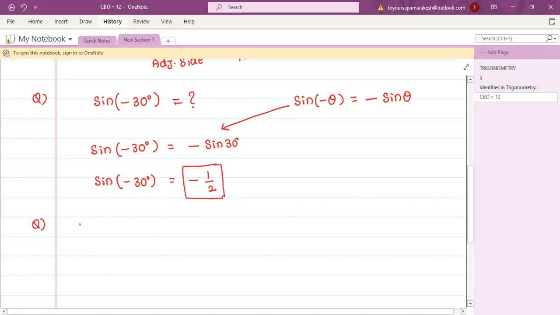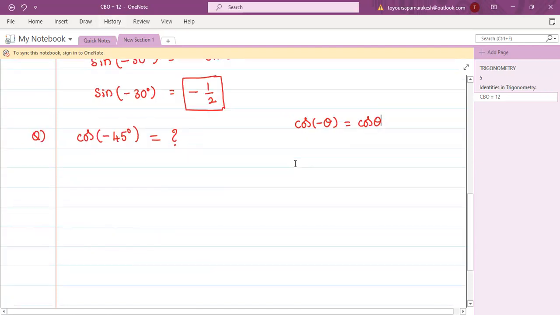See the next question. I want to find cos of minus 45 degrees. Now this value we have to find out. I told you already, cos of minus theta is equal to cos theta. So let us simplify this equation.